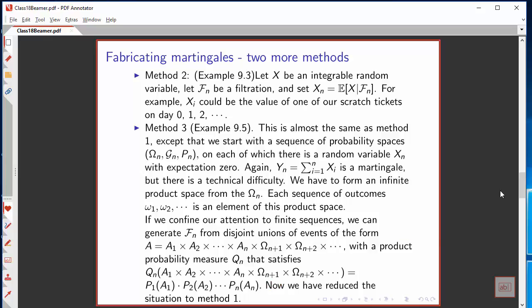Once we've done that, we've basically converted method 3 into method 1.